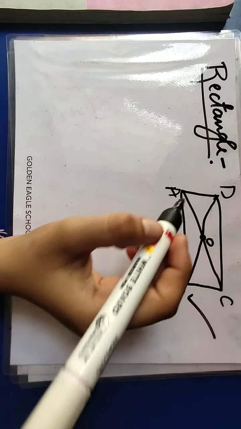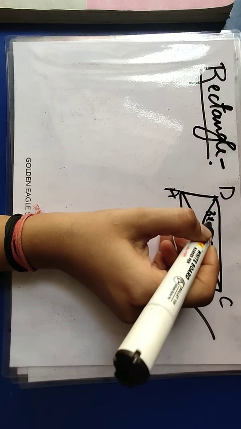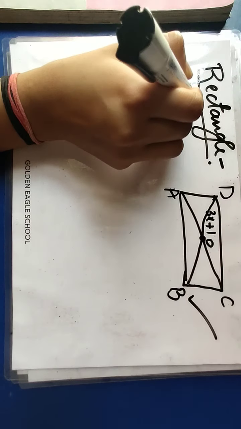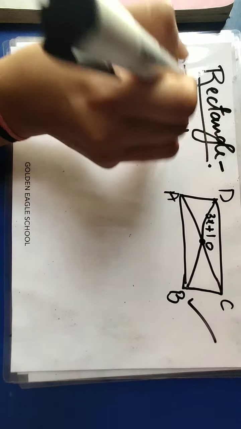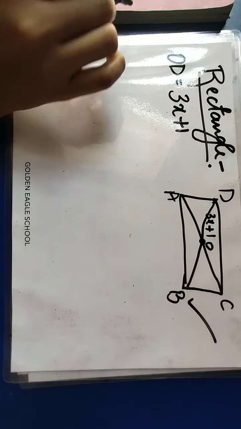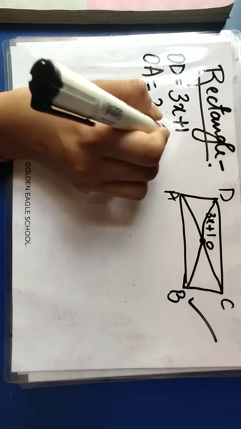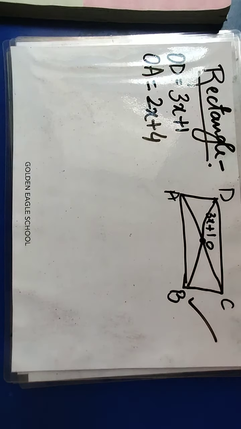OD is equal to 3x plus 1 and OA is equal to 2x plus 4. So we have to find x.